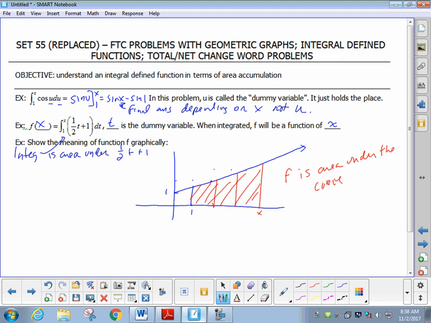You could think of it, and it's frequently called, an area accumulation function. How much area would be dependent on where you ended the region. The bigger the x, the more area you accumulate. You with me so far? All right then. So f is an area accumulation function.